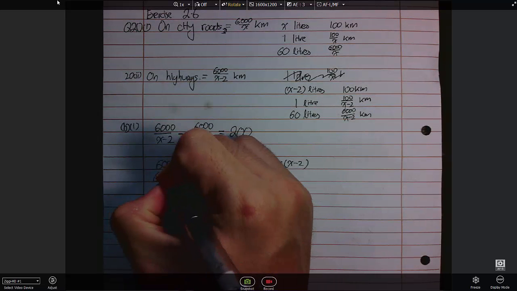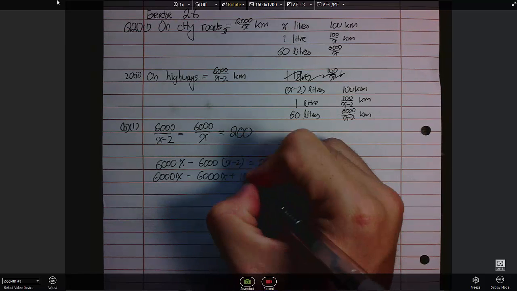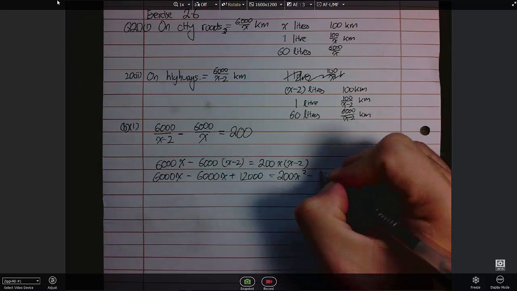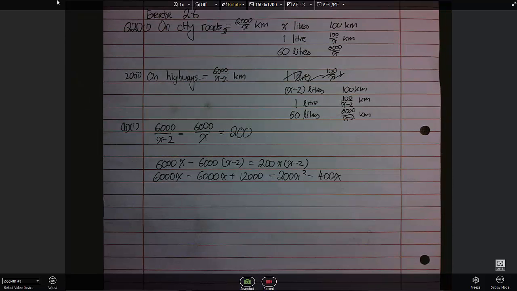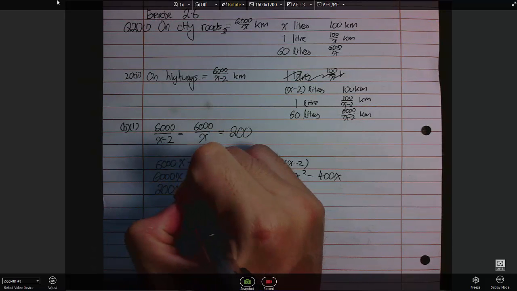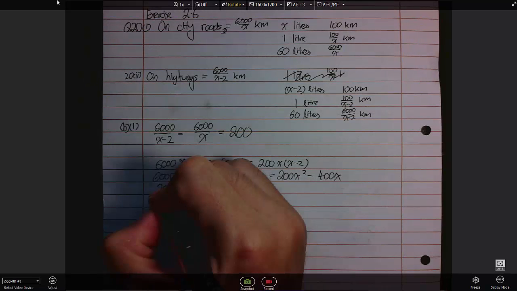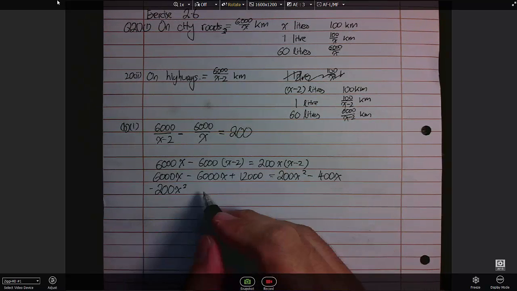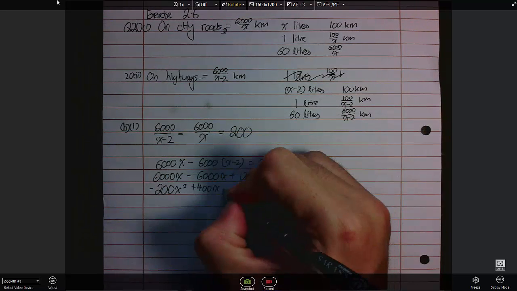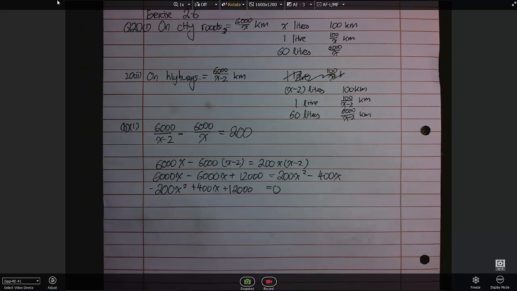So what I get is 6,000x minus 6,000x plus 12,000 equals 200x squared minus 400x. If I just collect all my terms, 6,000x minus 6,000x is 0, then negative 200x squared plus 400x plus 12,000 equals 0.